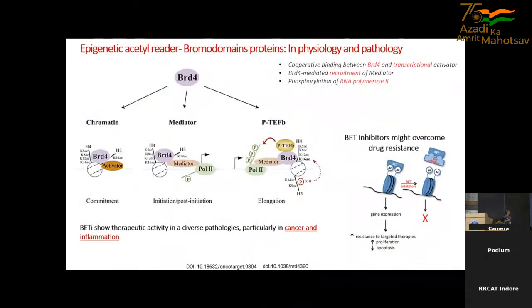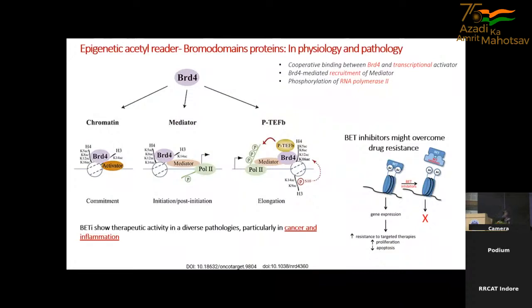So just to introduce, BRD4 proteins are bromodomain proteins which bind acetylated histones and can recruit all the machinery for transcription and translation. And there are inhibitors which have anti-cancer properties as well as anti-inflammatory properties. These inhibitors bind to the bromodomain pockets of BRD4 and do not allow it to bind to the chromatin, so that the transcription will be stopped.